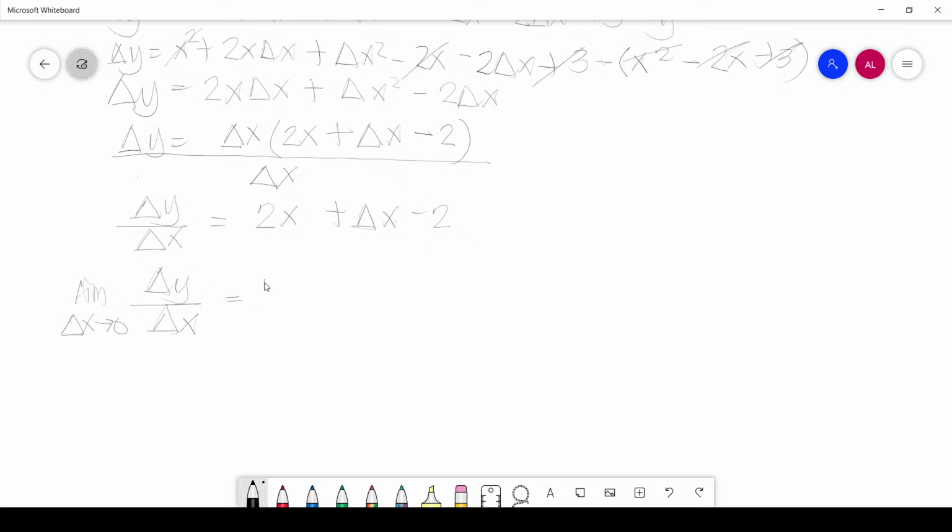So we say, limit of 2x plus delta x minus 2 as delta x approaches 0.